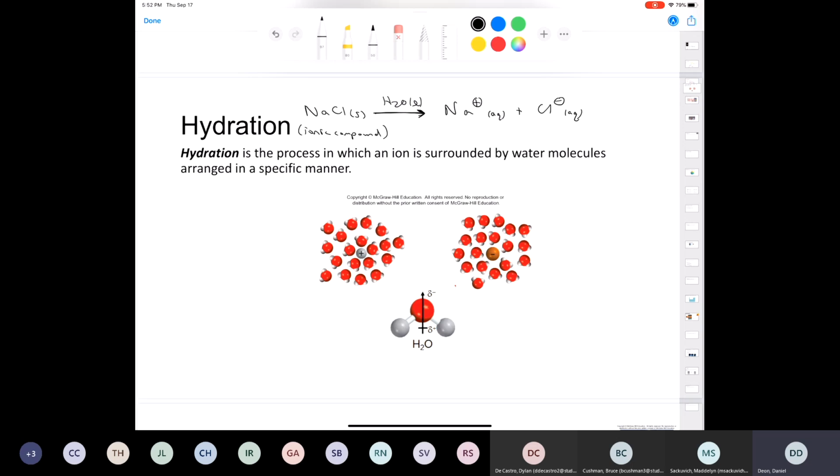Now, what I'm trying to get at in this slide is what makes water so special? Like, why do we spend all our time talking about water in general chemistry? Can't you think of something cooler? Well, no. Water is actually very fascinating, what it can do. If you look at the structure of water, it has what's called a dipole, and that's what's represented by this arrow here. That's also what's represented by these partial charges here.